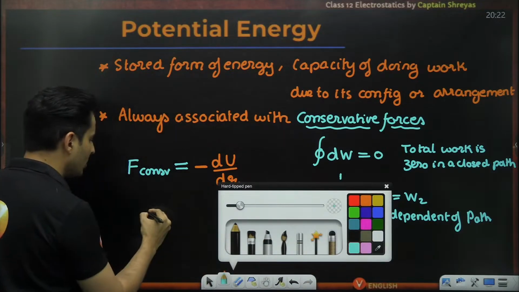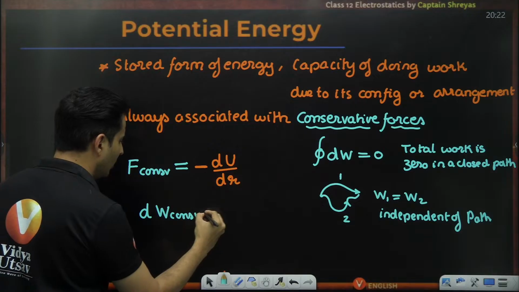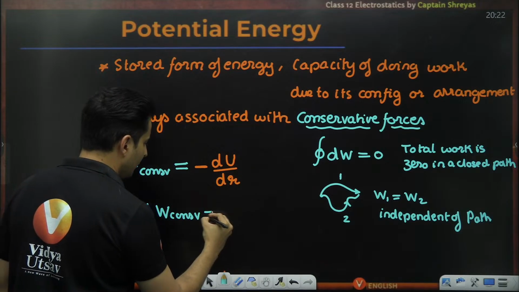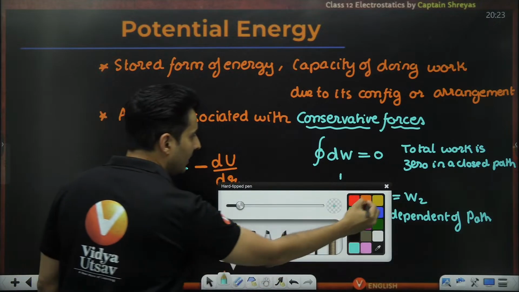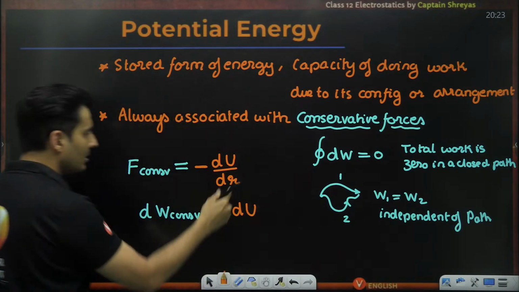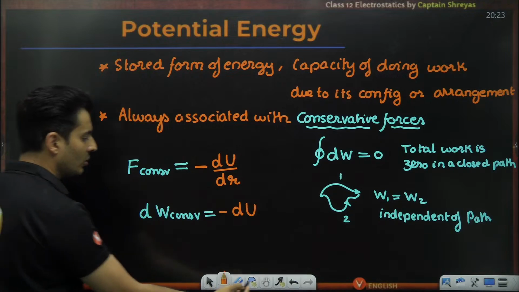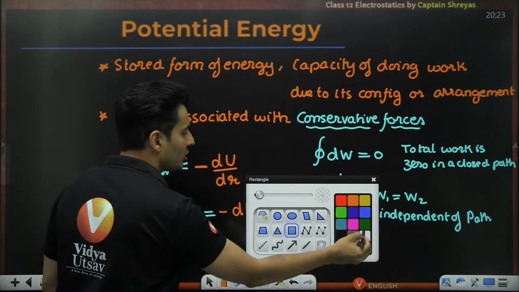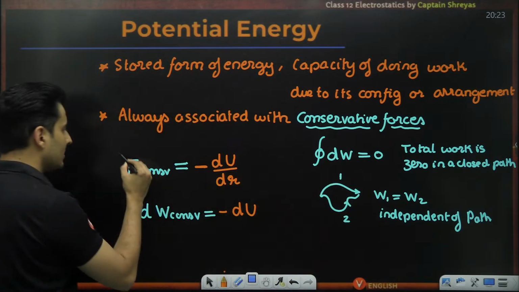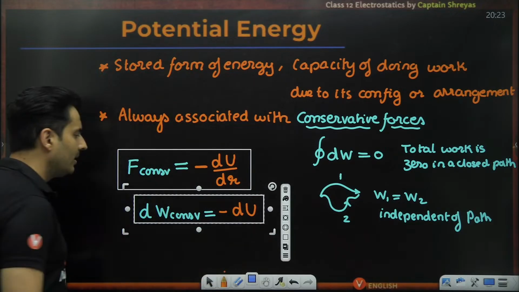So you can also say the work done by that conservative force is basically the negative of the change in the potential energy, because displacement into force is the work. This is not just true for electrostatics, guys. This is also true for gravitation, spring, elastic, magnetism, everywhere.